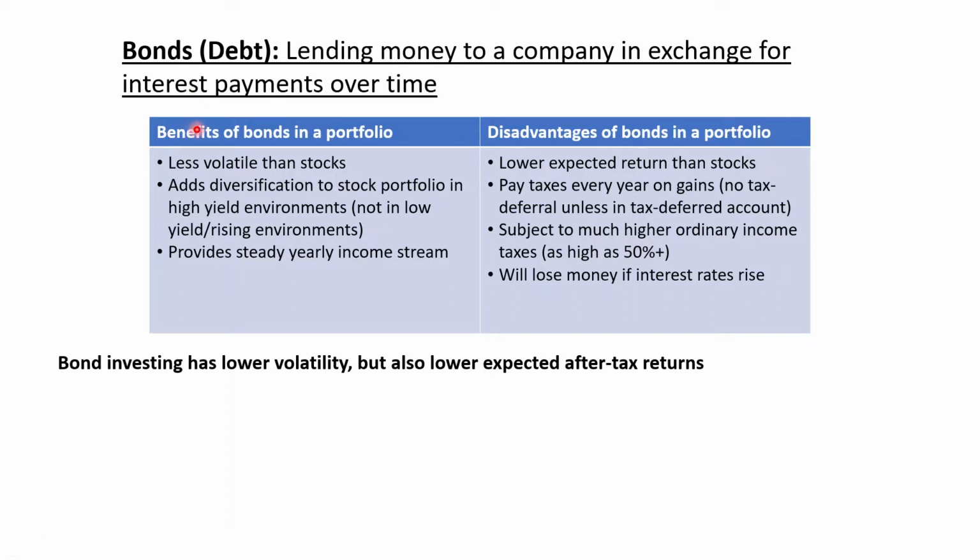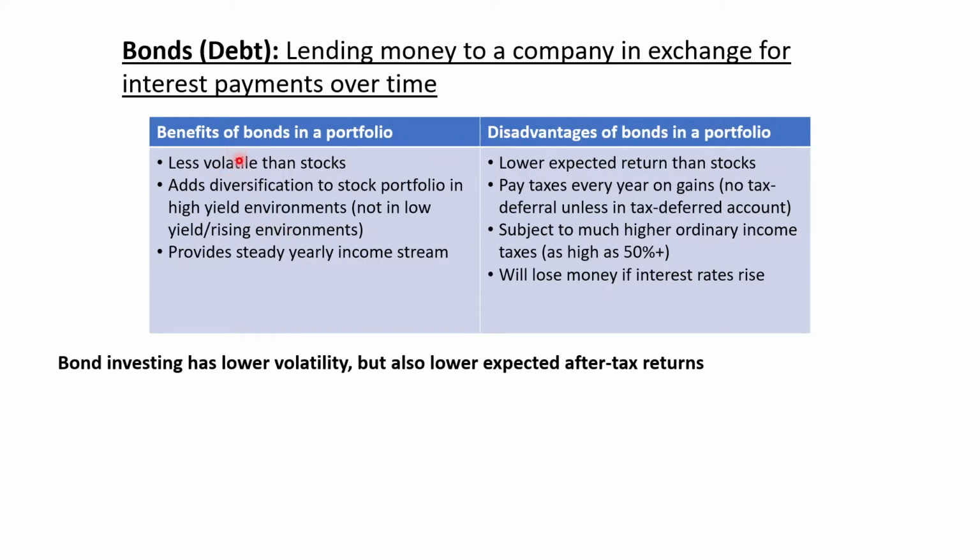So the benefits of bonds in a portfolio are they're less volatile than stocks. And when I say less volatile, that means you'll see less up and down movements in the portfolio if you're investing in bonds. We'll show that in a graph later on. Another benefit is that in the right environments, not in the current environment we're in, it can add diversification to a stock portfolio in high yield environments, not in low yield rising environments, which we're in now, where you're seeing losses in both bonds and stocks.